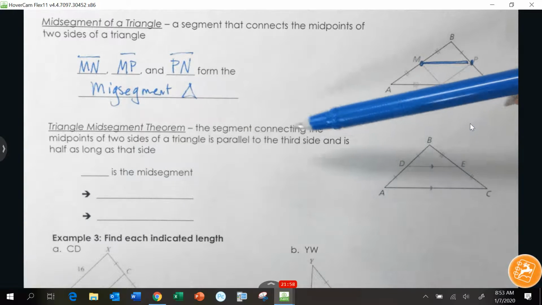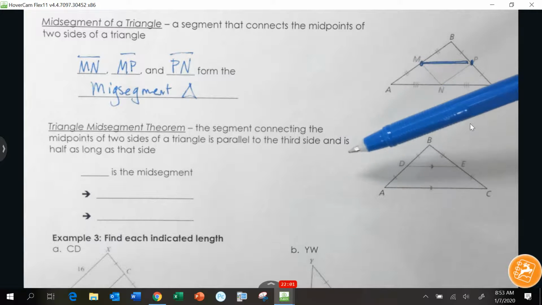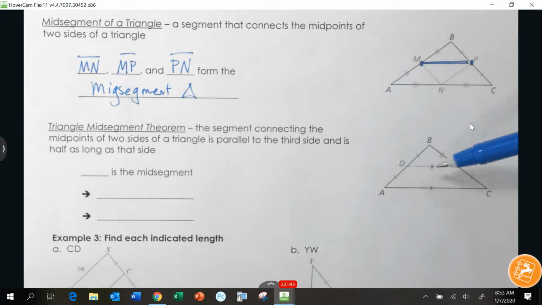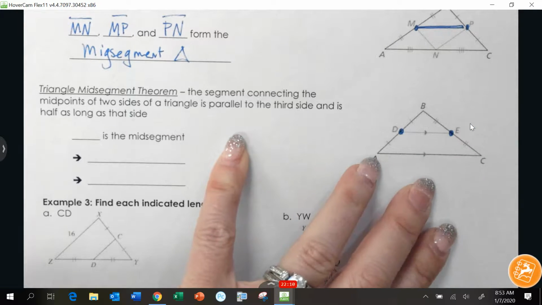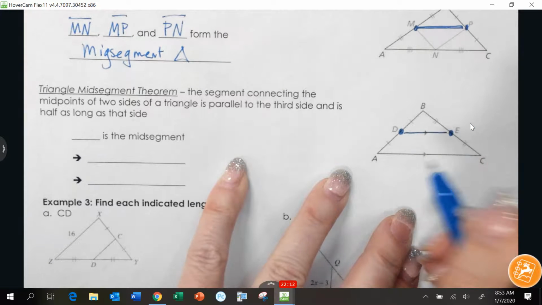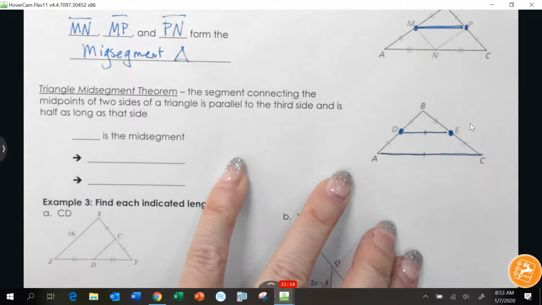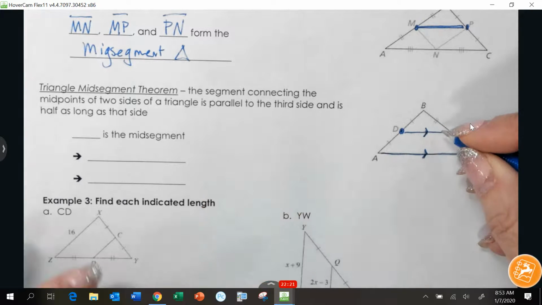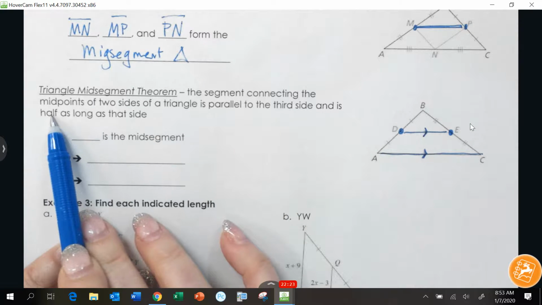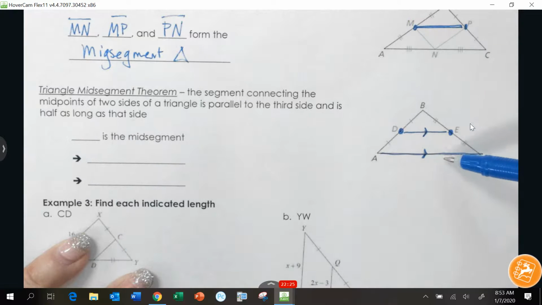Triangle mid-segment theorem: the segment connecting the midpoints of two sides of a triangle is parallel to the third side. So if I connect midpoint D and midpoint E, it will be parallel to this third side that didn't have the midpoints on it. This is always true. And what also is always true is it is half as long as that side as well. So this one is half the length of this one every time.